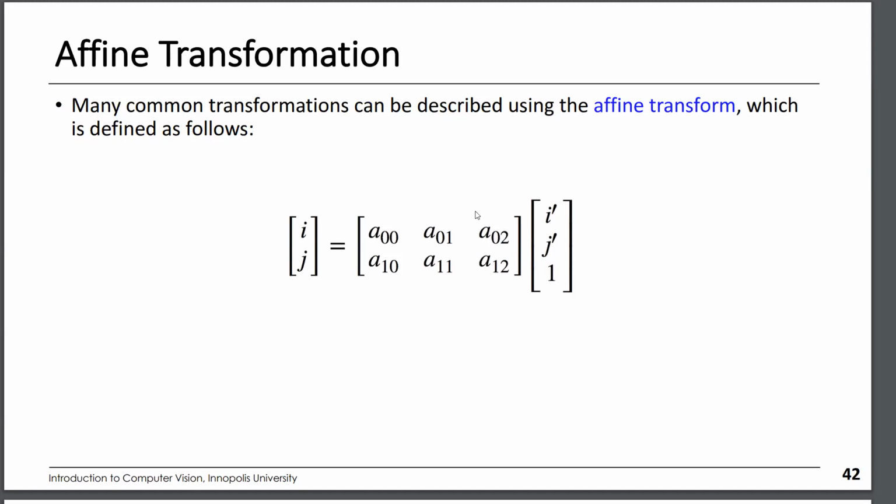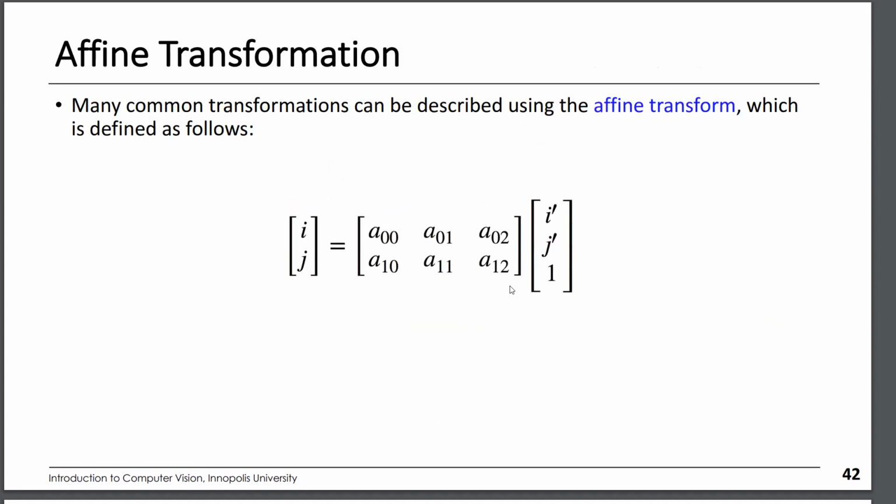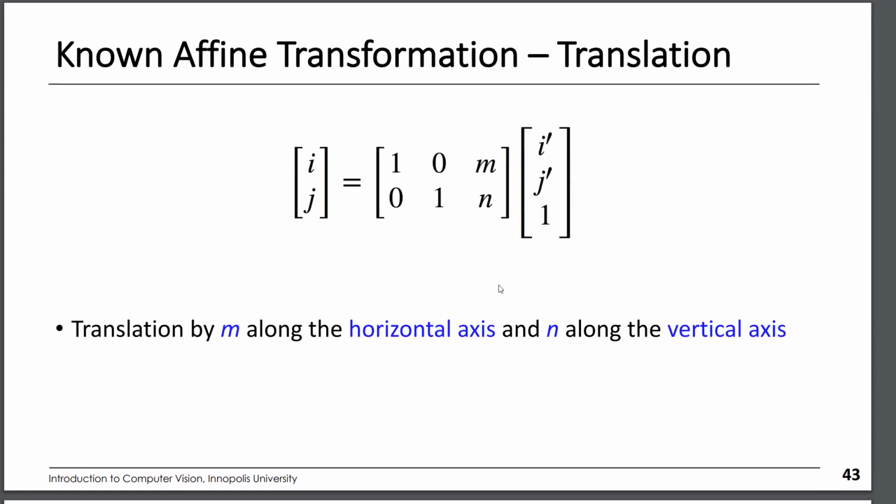Now let's look at the influence of each one of these different values, right? There is the translation affine transformation, which is the following, right? You put 1, 1, 0, 0, and a value here, a value here.